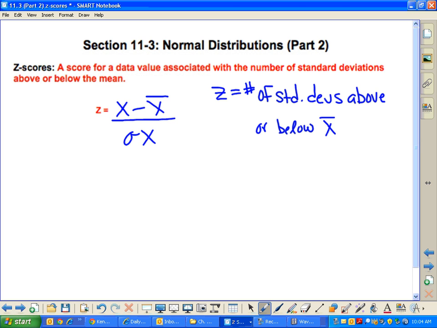If your z-score works out to be a positive number, in other words, your data value was larger than the mean, you're going to be above average, your z-score will be positive. If you think about it, if your data value is smaller than the mean, in other words, your data value is below average, your z-score is going to reflect that. Your z-score is going to be negative.